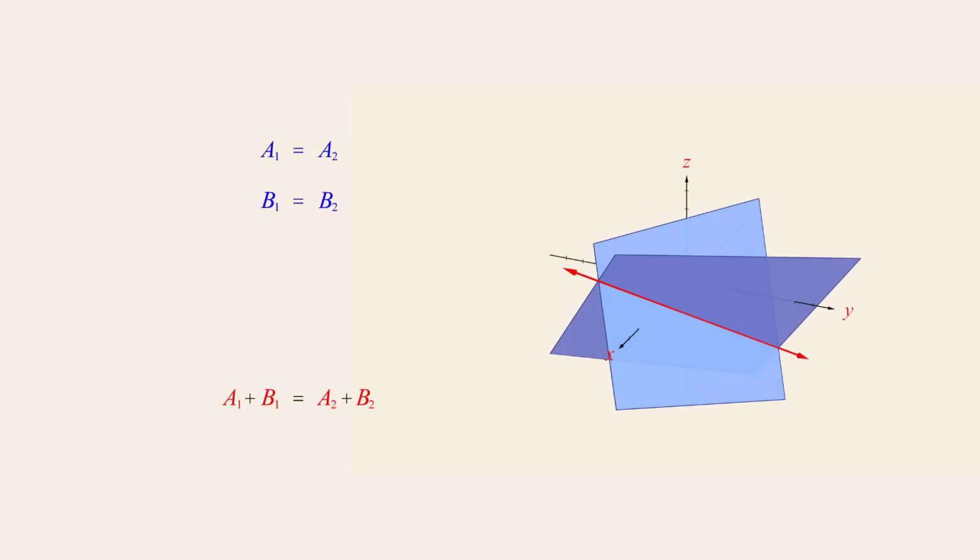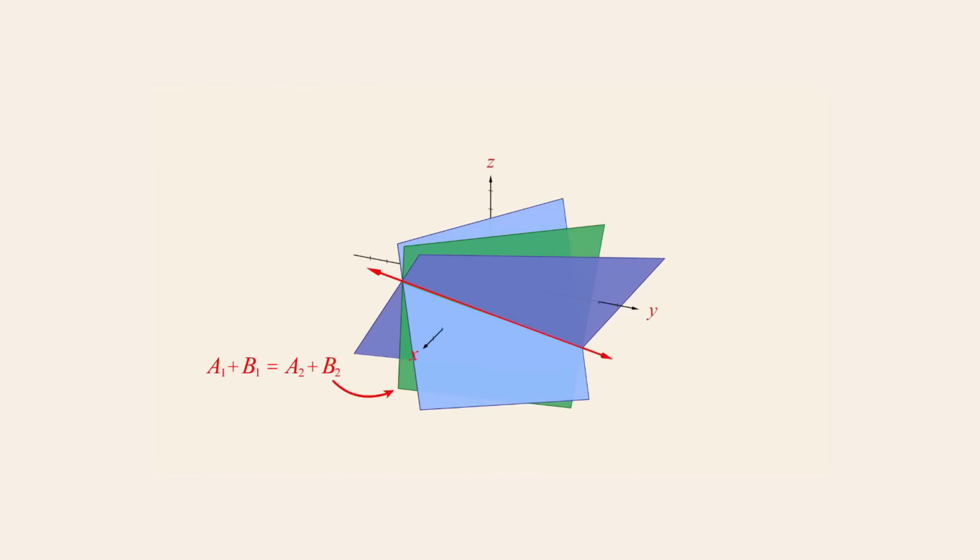Since the resulting equation is satisfied along the line of intersection, its graph must include that line. Therefore, the resulting plane will always pass through the same intersection line as the original 2 planes.